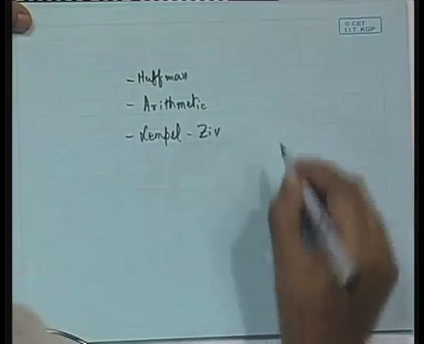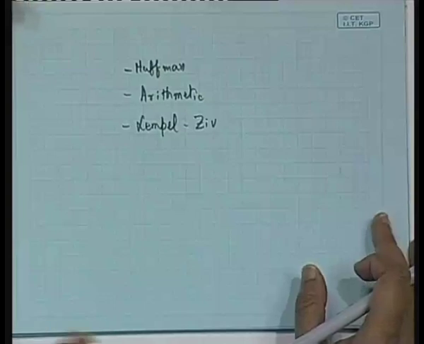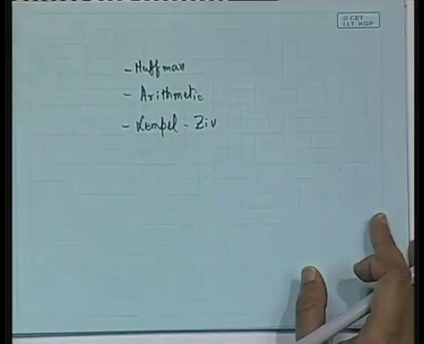Lempel-Ziv coding is yet another lossless coding technique which is used, let us say, for the PDF, the portable document file format, which makes use of Lempel-Ziv coding, or even for zipped files, whenever we are compressing files. So that is also a lossless compression technique.